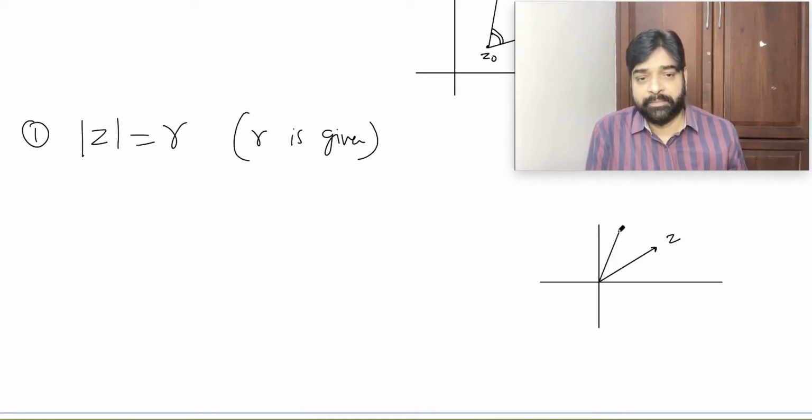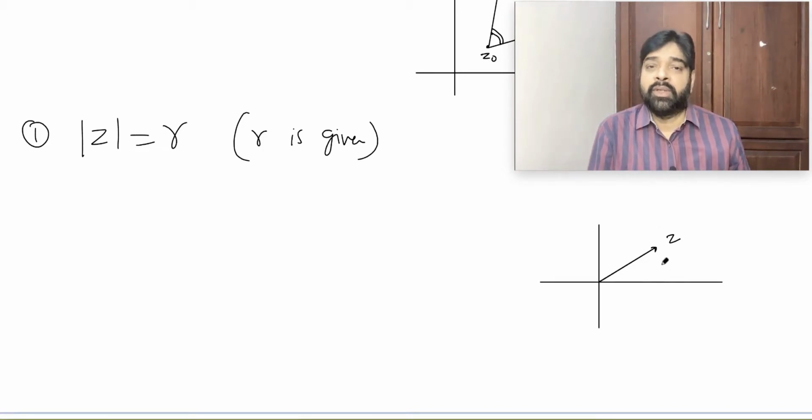This way, this way, this way. See, these are the possible positions of z, or not? Are you able to understand? It cannot move like this, otherwise mod z will increase. It cannot go like this, mod z will decrease. It cannot go this way, mod z decreases. Only one option: it has to move on a circle.